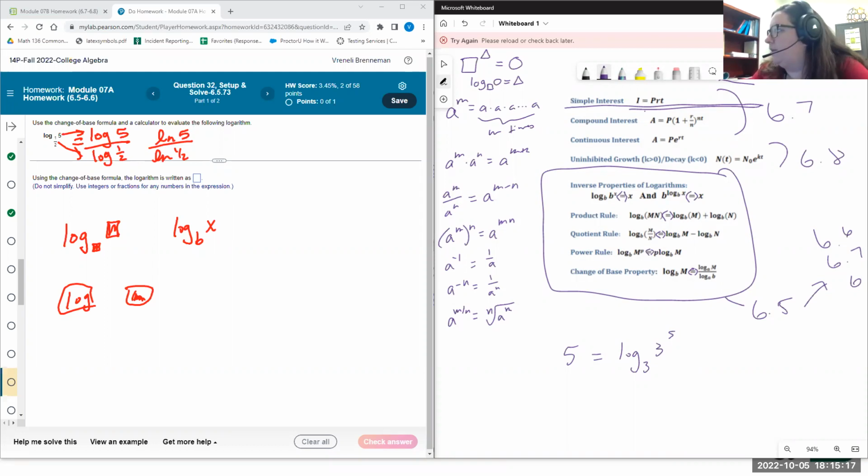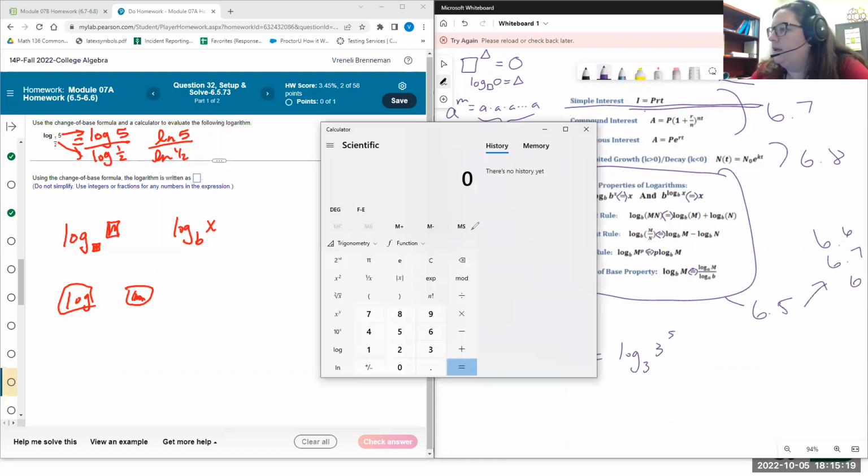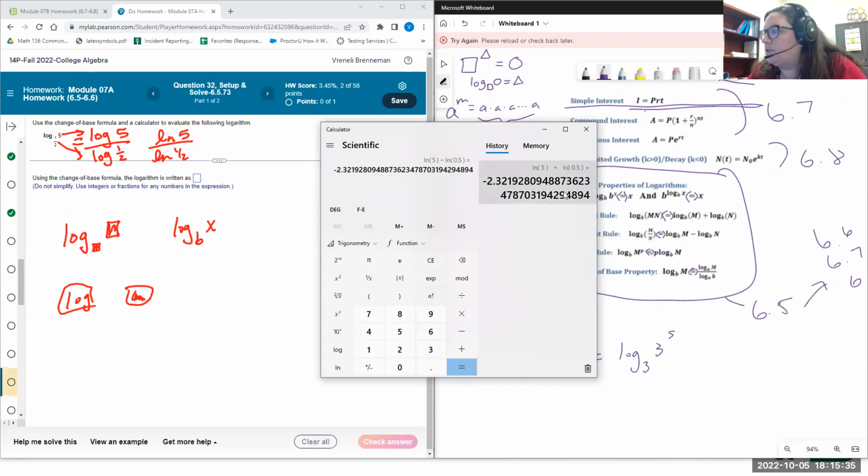So if I'm on the computer calculator here, I think I put in the argument first. So 5, ln, divided by 0.5, ln, and then equals, and get that result. Or I can do the same thing with log, so 5 and then log.